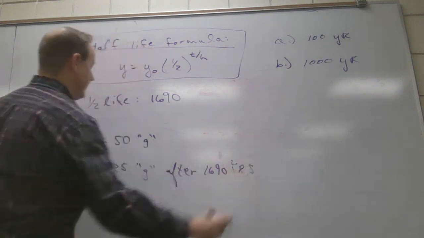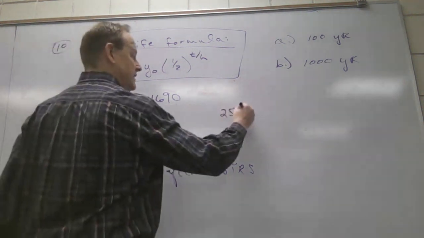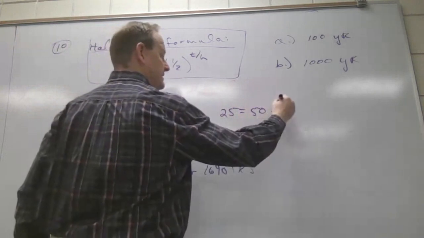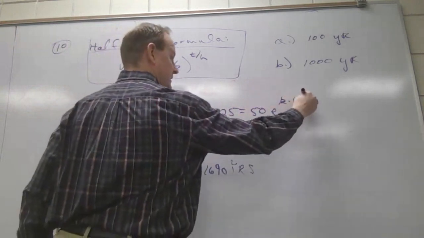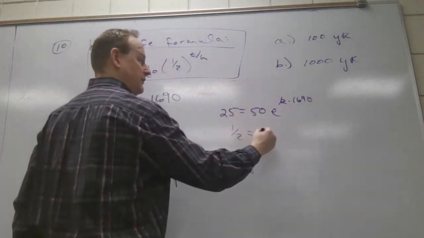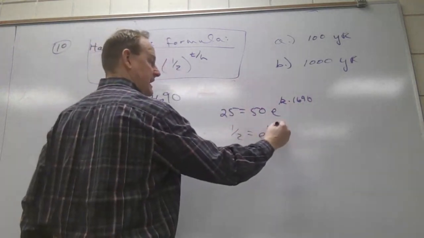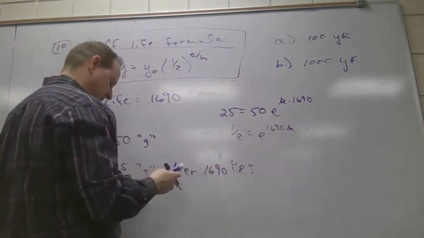Did you use this to come up with your constant? We just put 25 equals 50 e to the kt. 25 equals 50 e to the kt, but t was 1690? Okay. And then, so basically 1/2 equals e to the 1690k, right? And then took the natural log of both sides?